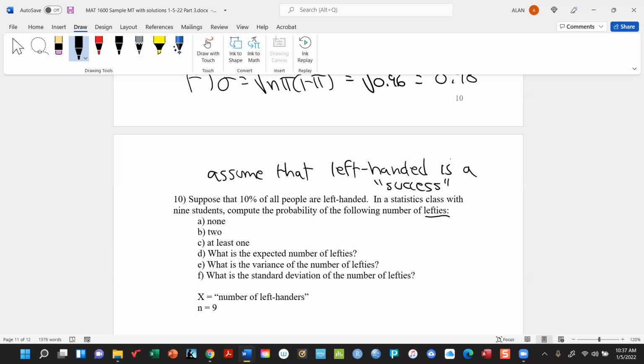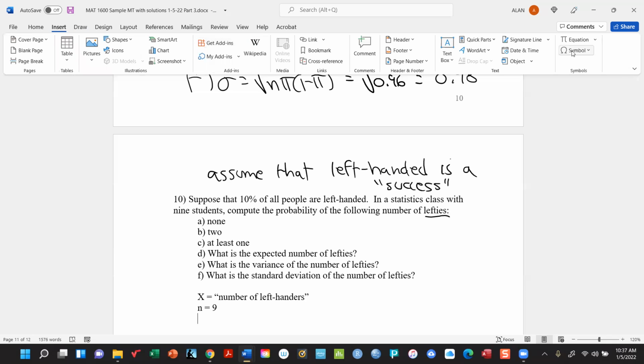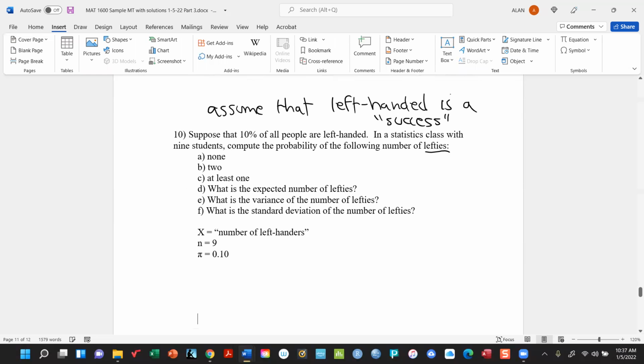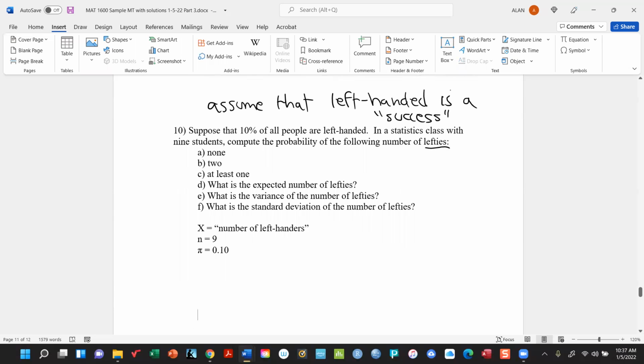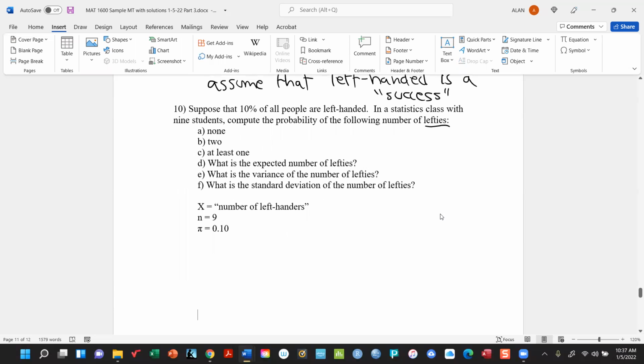And then it tells us here that statistics show that about 10% of the population is left-handed. So pi is 0.10. And now we can go on with our normal procedure. So once again, I'll remind you what this formula looks like.